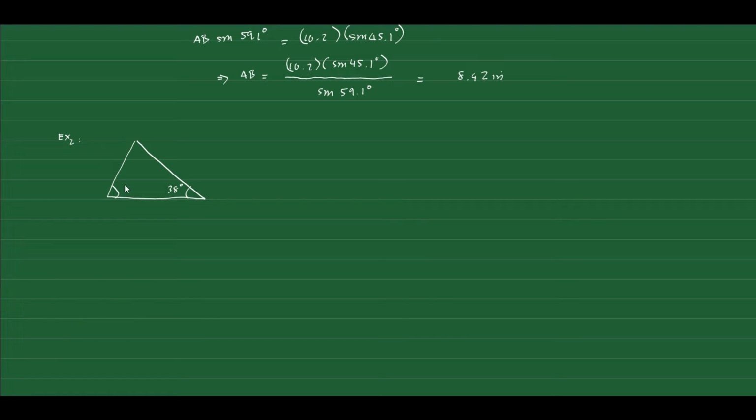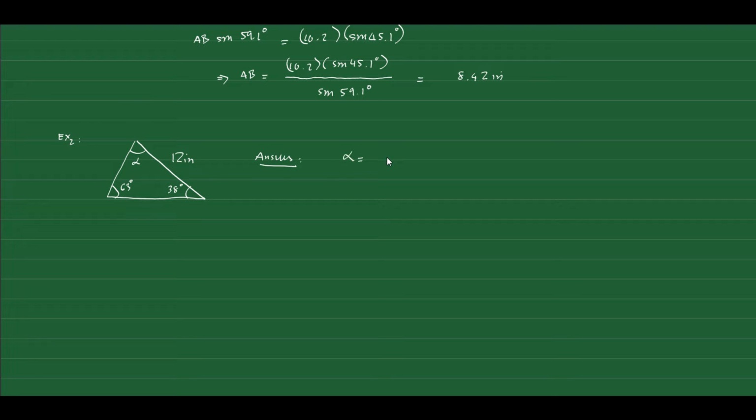This is 63. So they give you two angles, right? Angle, angle, side, and one of the side given must be opposite one of the angle. So they give you 12 inches here, and this is alpha. Alright. So in order to solve this one, it's easy. We can go ahead and apply right away.